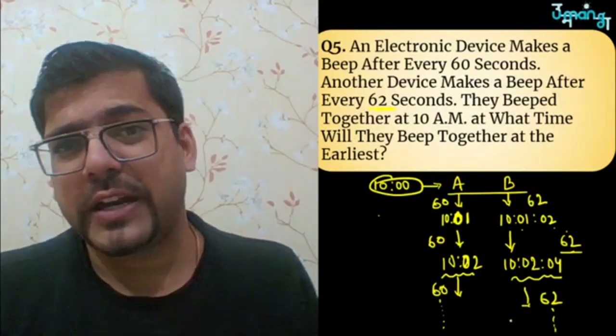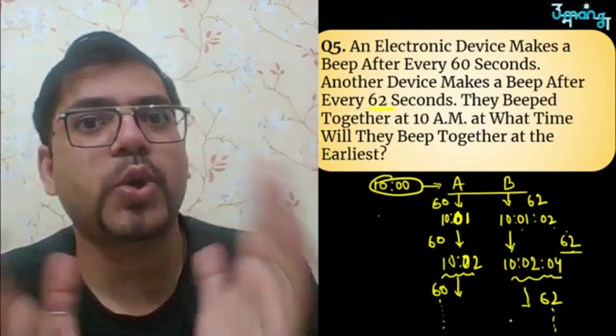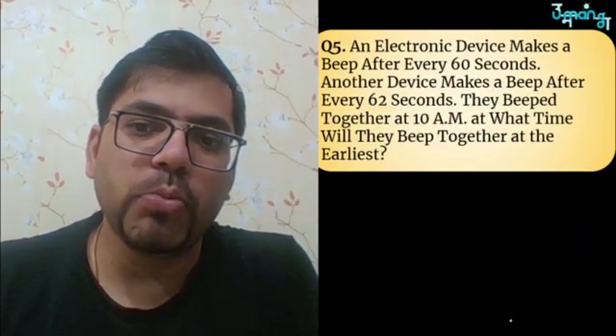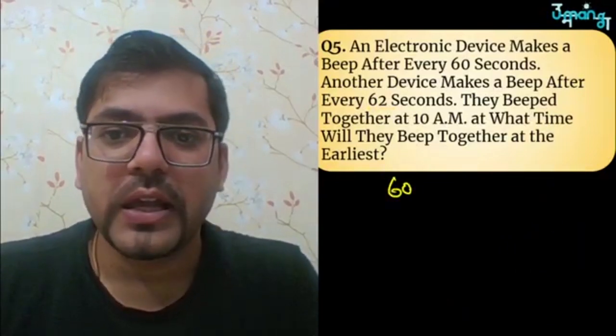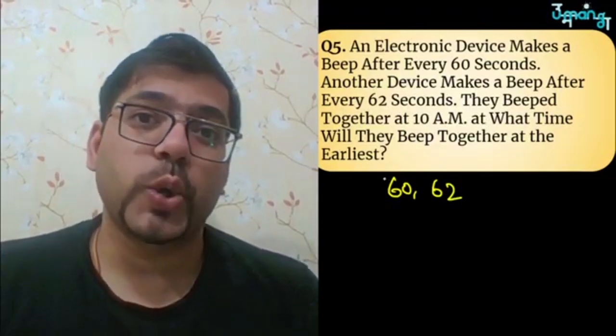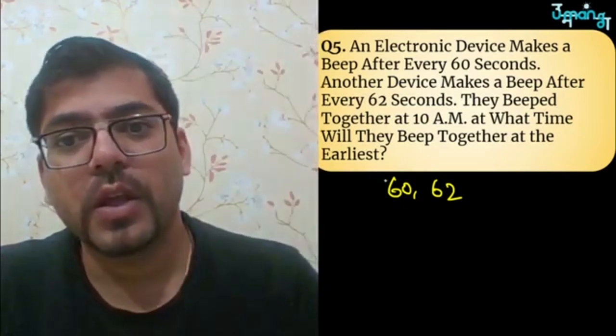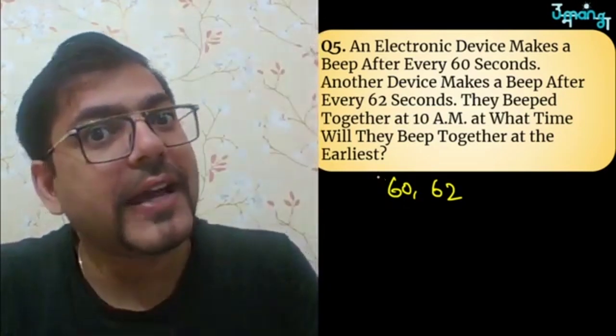So one thing is very clear, that the time span after which they will beep together is going to be more than 60 and 62. Surely they will be together after multiple cycles of 60 and multiple cycles of 62. So what would be that time?